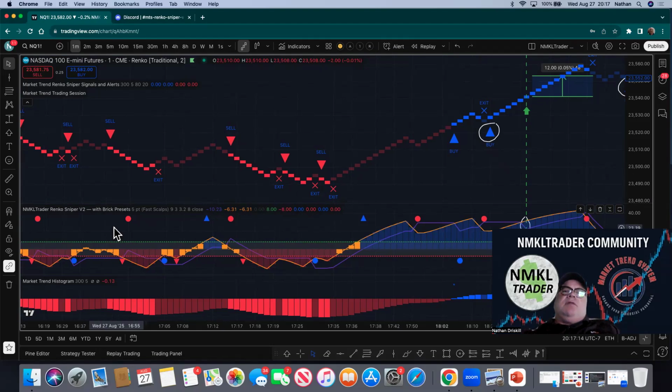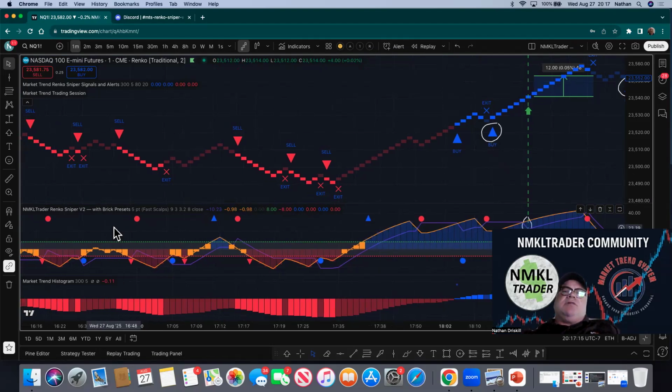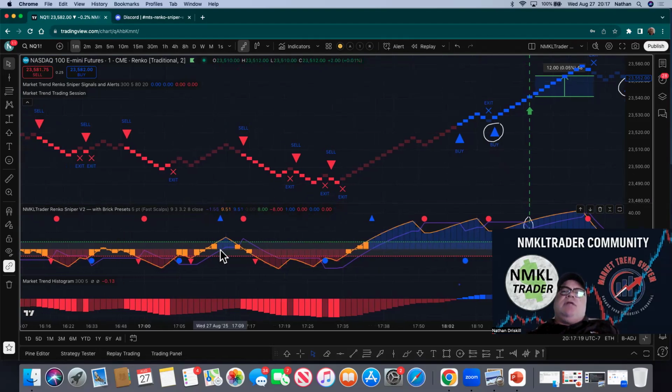And after you've been looking at this a little bit, you'll start to see that we don't trade unless we break out of this channel. Very important. So be careful when you start changing the size of that channel. Okay, trying to squeeze it. This is probably one of the most powerful things about this Renko Sniper. Look right here. You got these.